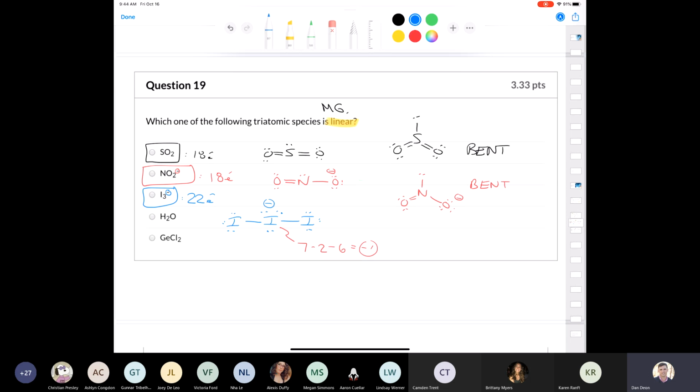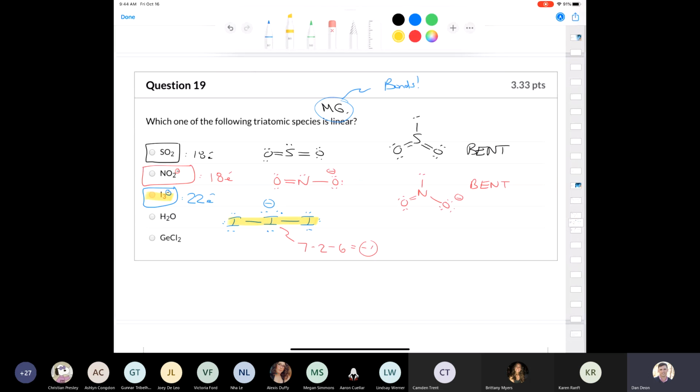I've got 5 regions of electron density, and so my electron geometry would be trigonal bipyramidal, but I've only got 2 bonds, right? Remember, molecular geometry considers what? It considers bonds. We're only looking at bonds, not lone pairs.